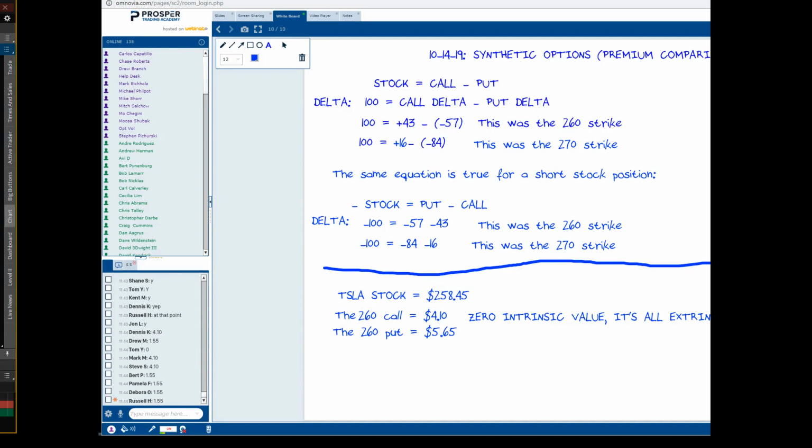Okay, so if we were at expiration, what would the intrinsic value be of this put option?